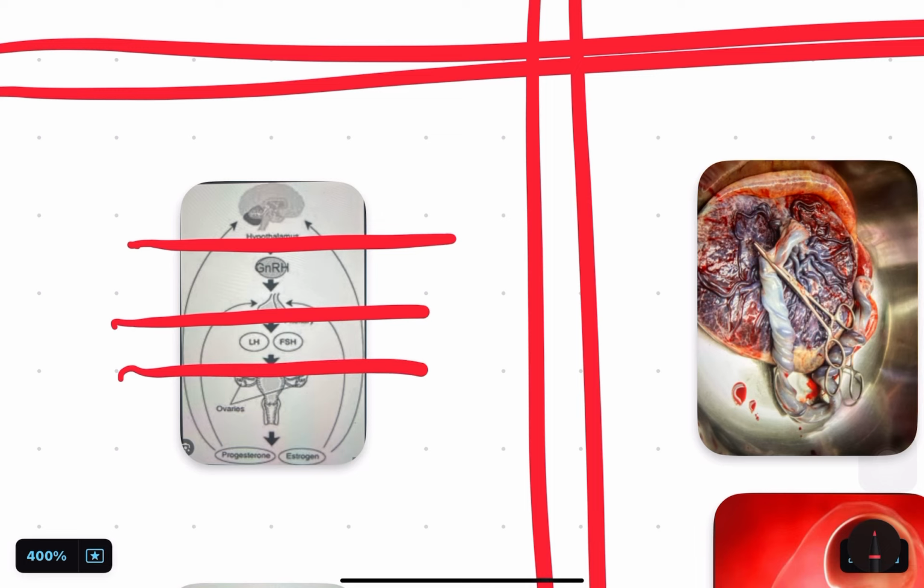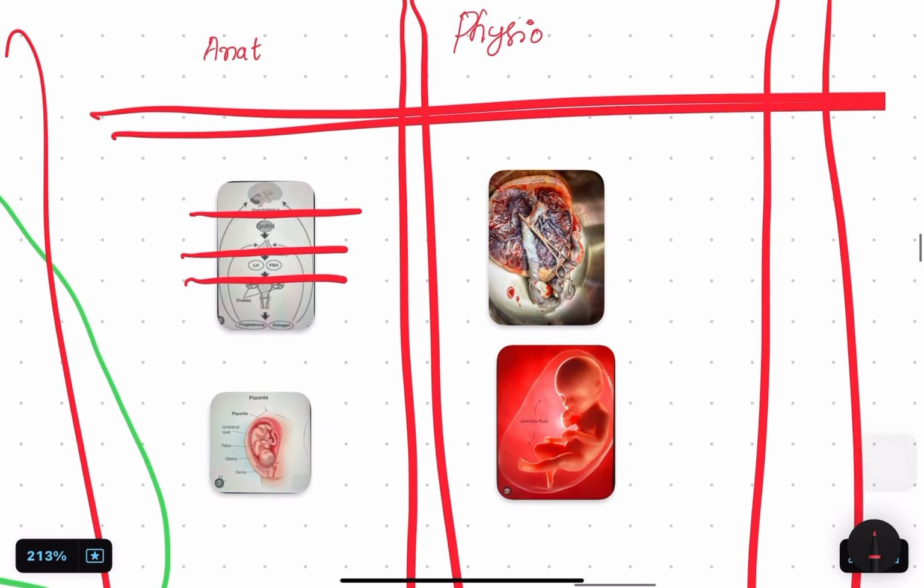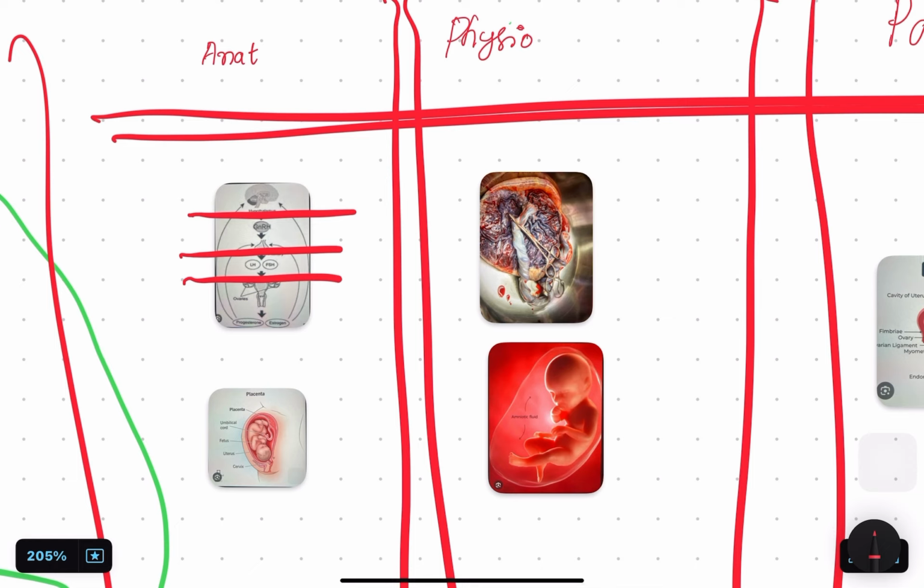What are those? The brain part, that is pituitary and hypothalamus, should produce GnRH, that should produce LH and FSH, and that should act on the ovary, and that will produce either estrogen or progesterone. Okay, why is this important? If there are any hormonal disturbances, then you will not have a pregnancy at all. Is that clear? Okay, so then what else? This approach is something which you should know.